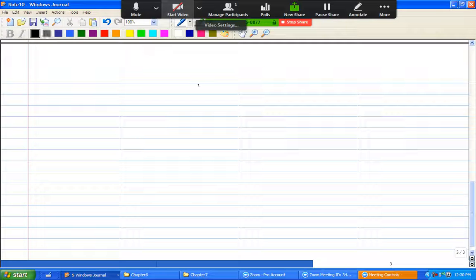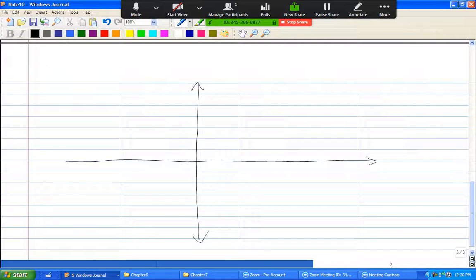Get into a better position. So 1, 2, 3, 4.